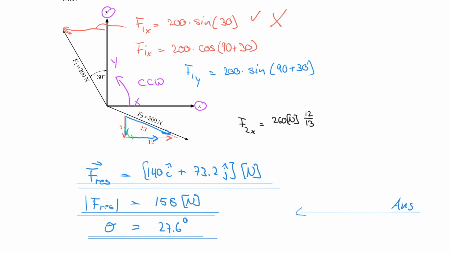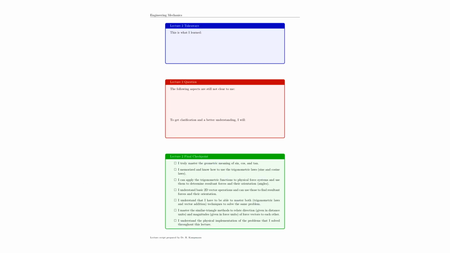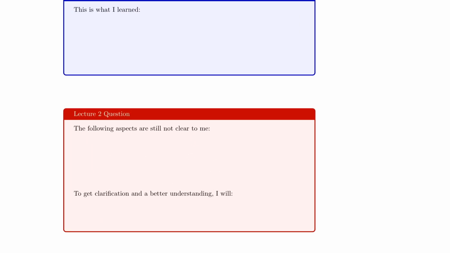All right, and I believe this gives you all the information you need to solve this problem, and also all the information you need to really complete any assignment in this lecture and with the concept of vector decomposition or using trigonometric laws. So let's take a look at our boxes here at the end. I highly recommend that you take these very seriously.